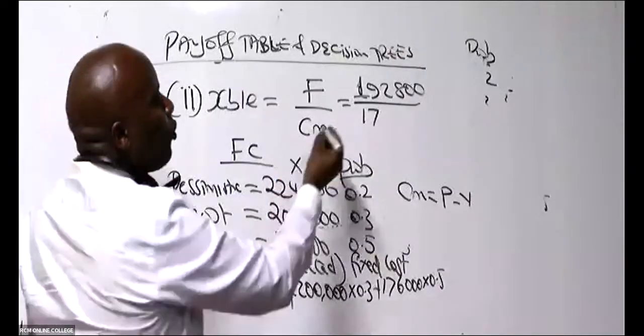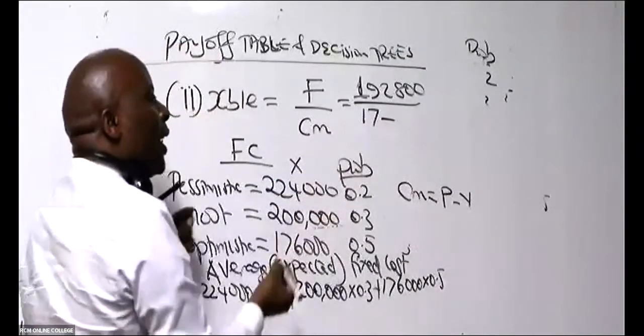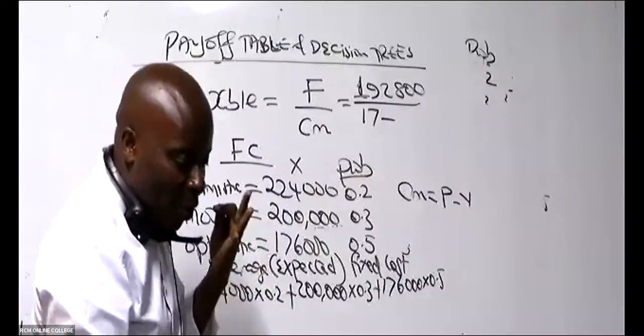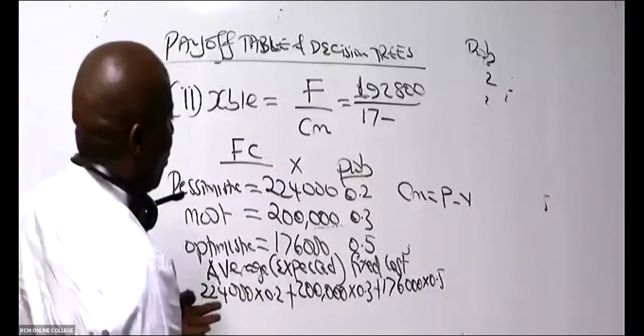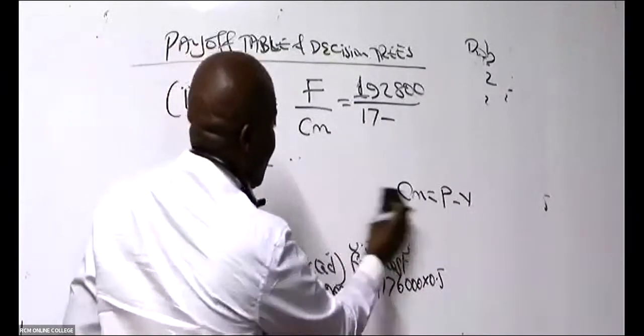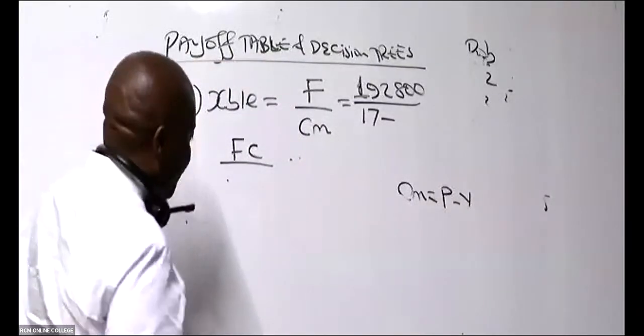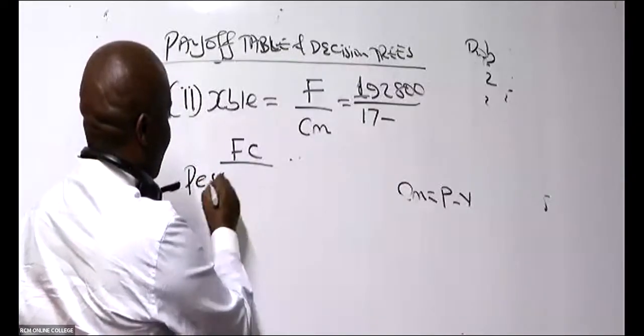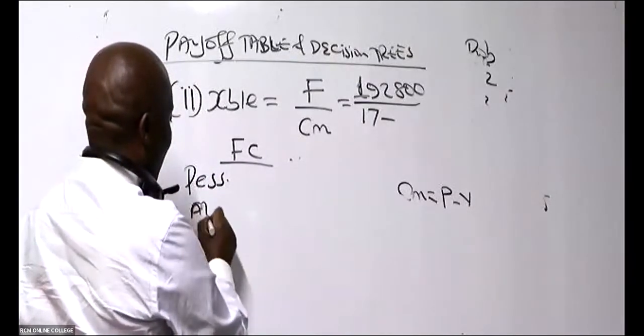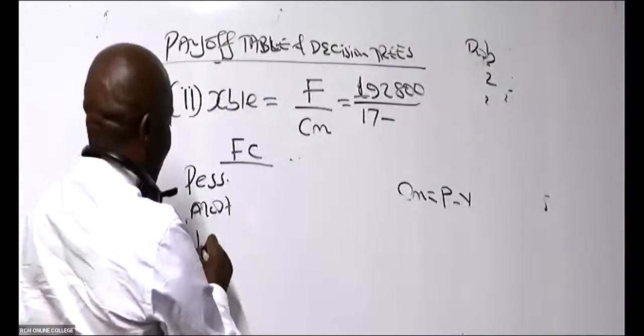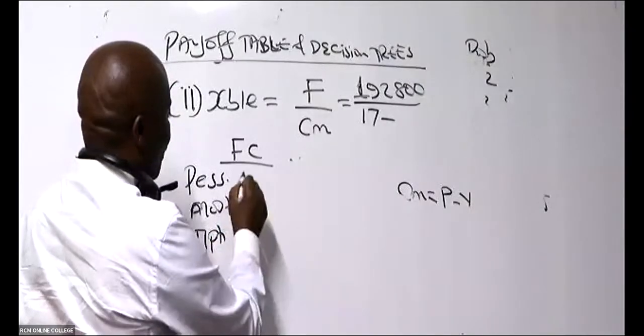But when you come to variable cost, there are 3 of them. So we have to write them down. We have here pessimism, most likely, and then optimism. So this is what here, somebody?